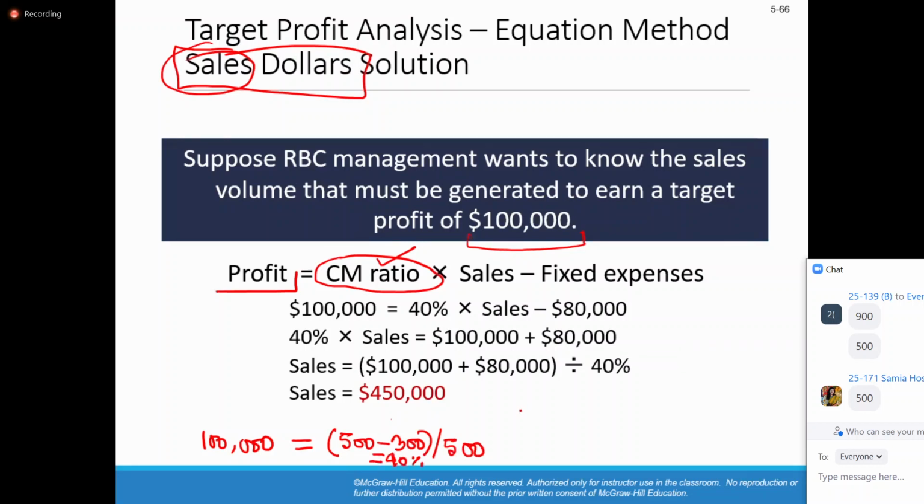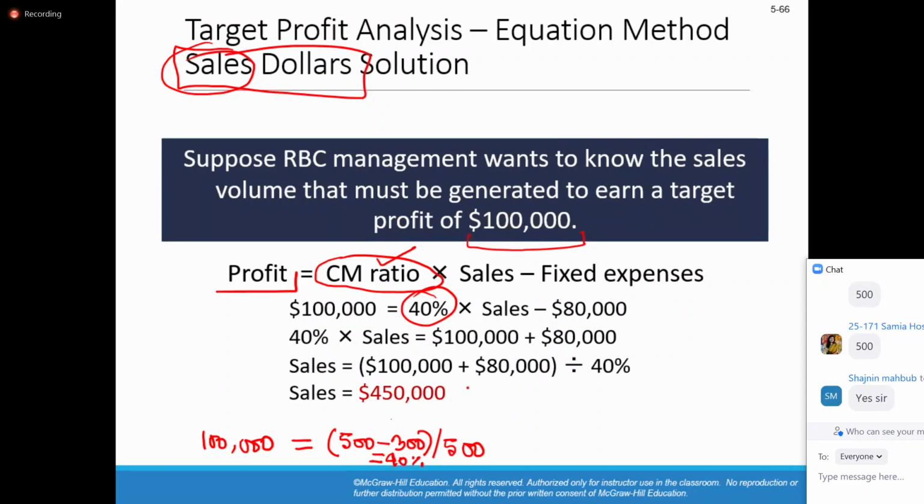Can you recall where this 40% has come from? Or is it something new? Okay, so write your response.